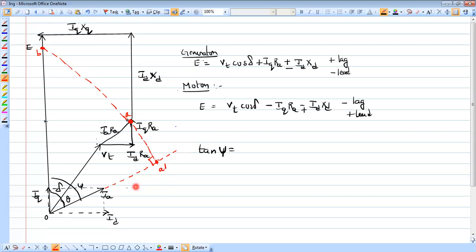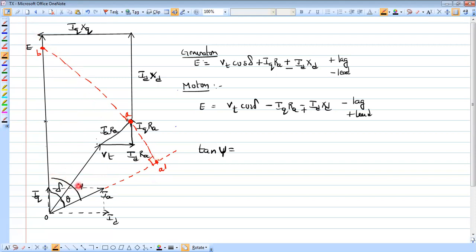Now we get a triangle OA dash B, and the angle for this triangle is psi. And I want to find tan psi. So what is the value of tan psi here? Opposite side by adjacent side. Here the opposite side is BA dash.